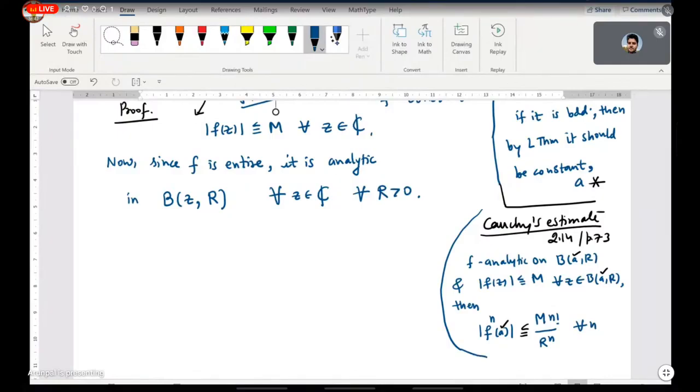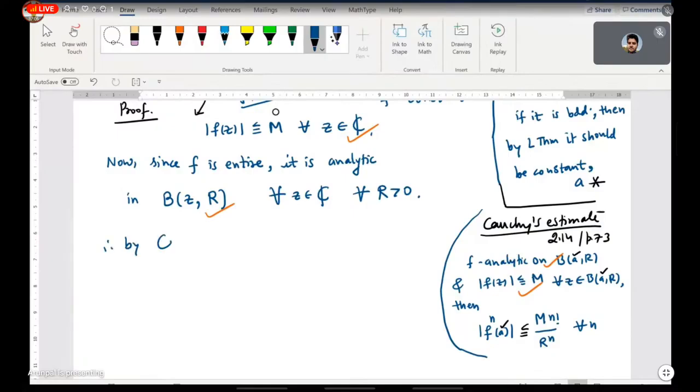Yes, sir. Now if you notice, our function is satisfying this condition as well as this condition, because mod of f(z) is less than or equal to M for all z in C. So in particular for all z in this ball. Yes, sir.